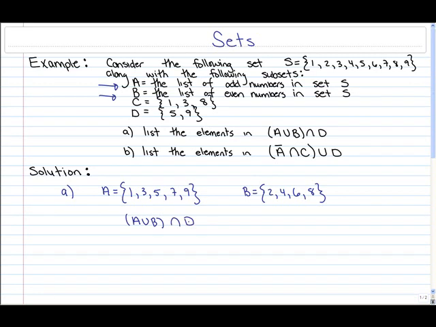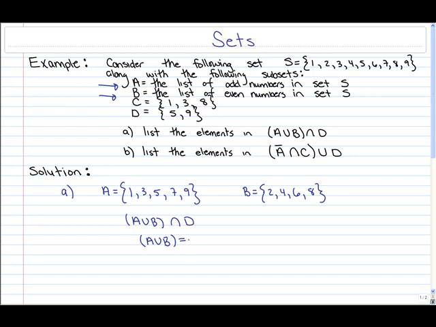Now to figure out what A union B intersect D is, what we should first figure out is A union B and then intersect that with D. Now all A union B means is all elements in A or B, and the key word here is or. So we want to list all the elements that are in A or B first.